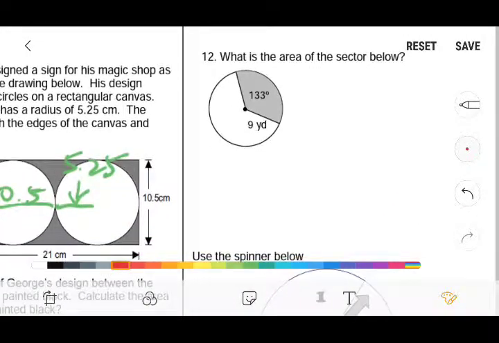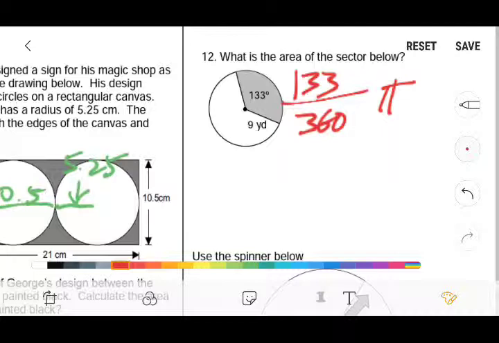Area of the sector. Okay, so it's 133 over 360 times pi times 9 squared.